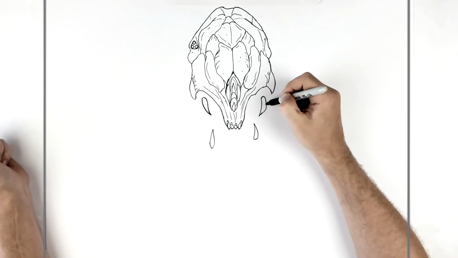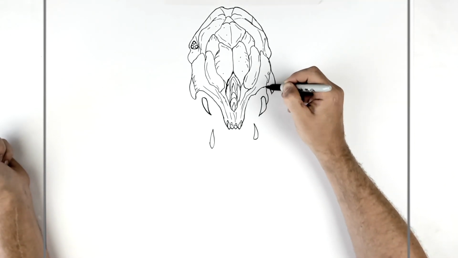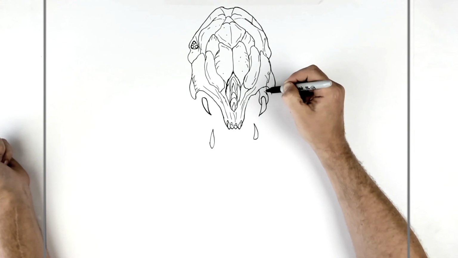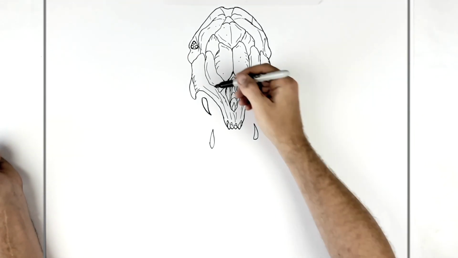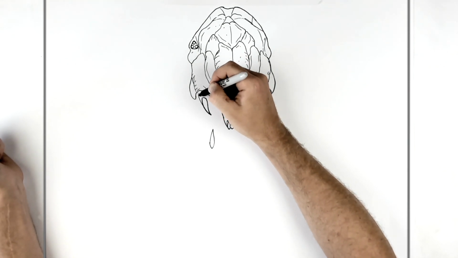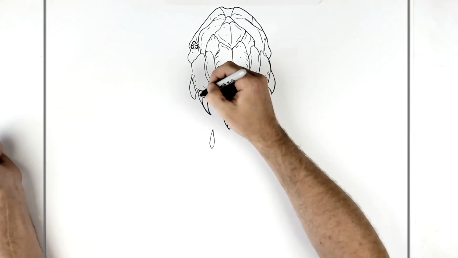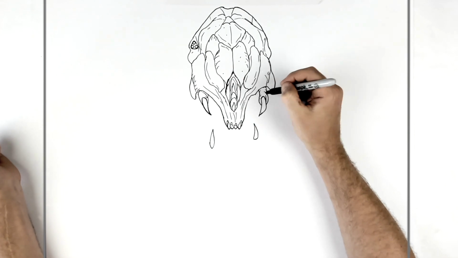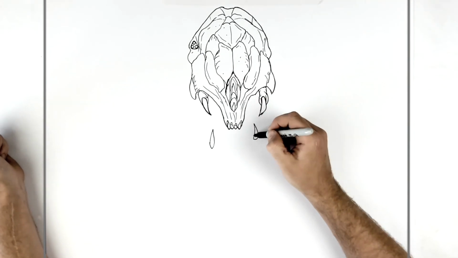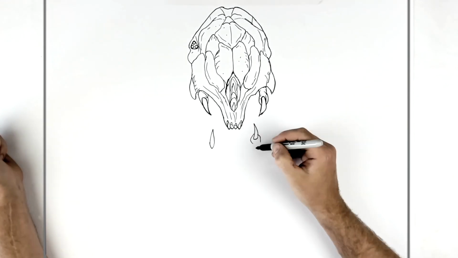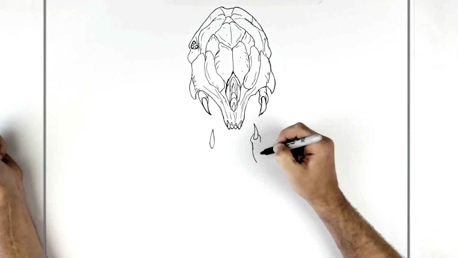And then we've got this skin that comes around. You add wrinkles and textures onto that. And another one here. And around this way. On the bottom.